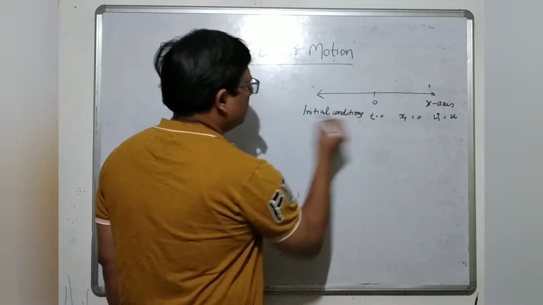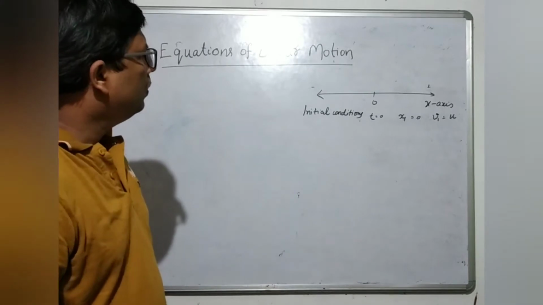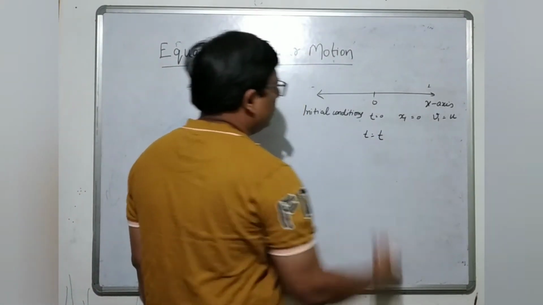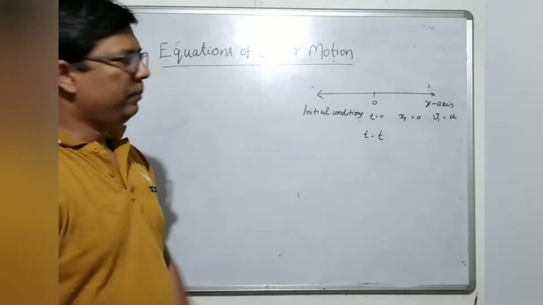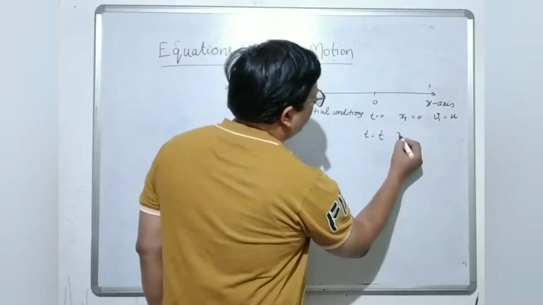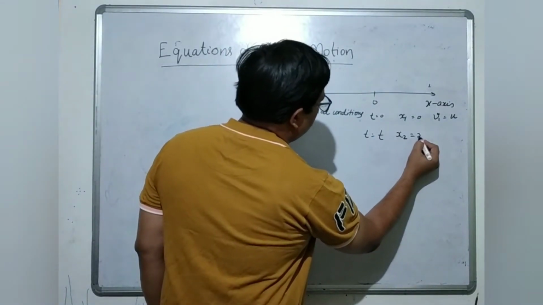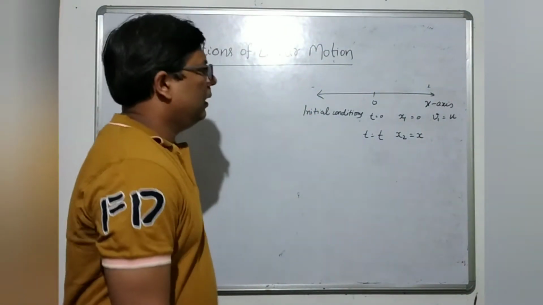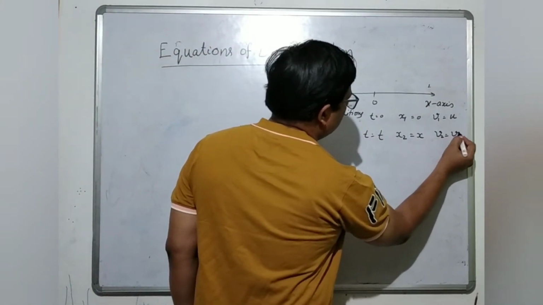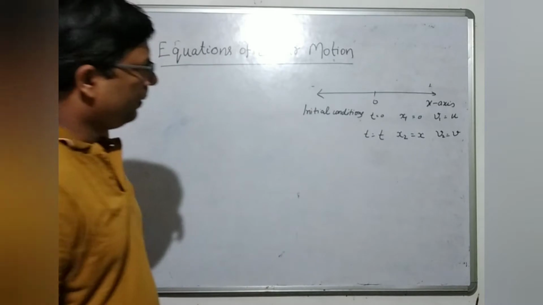Now let us take time t equal to t, at some general time t. What is the final position? That is x. And what will be the velocity? Final velocity will be v.